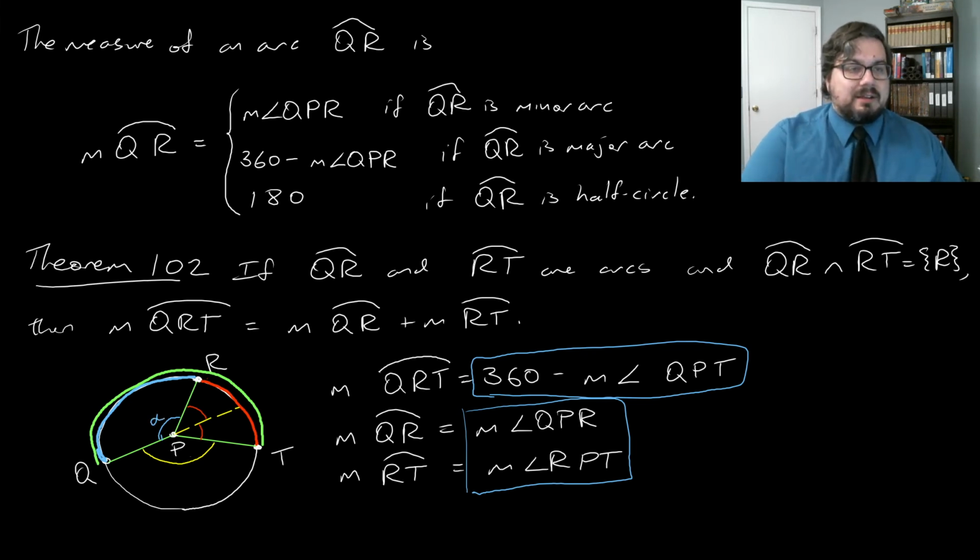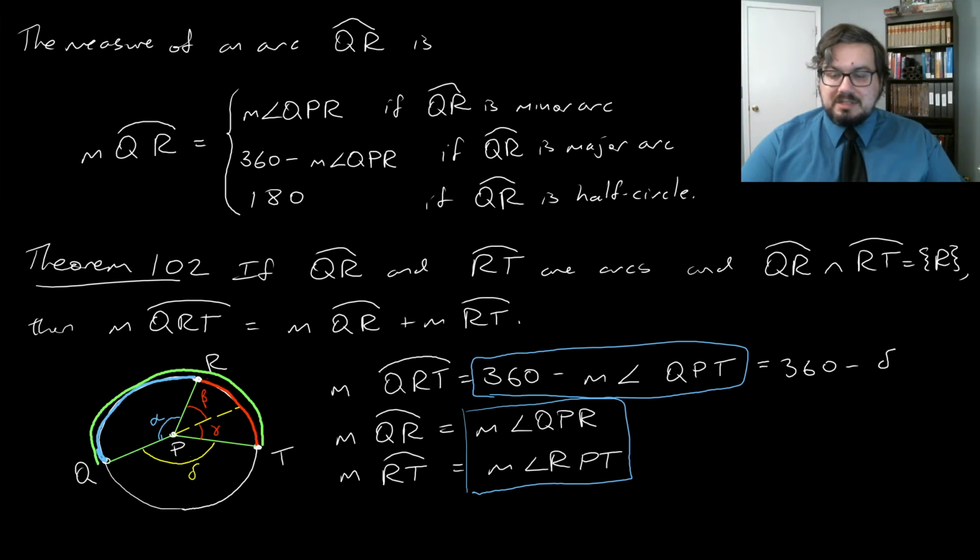So let me just sketch out what's going on here by giving these names. Let me give alpha, beta, gamma, and delta here for the measures of the various angles involved. So the measure of angle QRT is 360 minus the measure of angle QPT, which is delta. And the measure of angle QR is just alpha, and the measure of angle RPT is beta plus gamma.